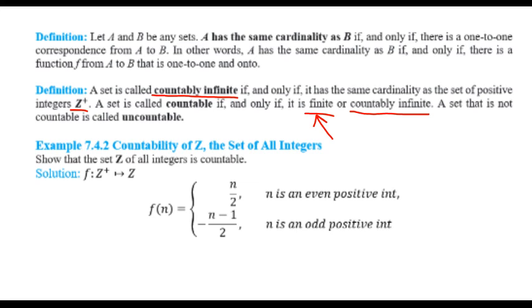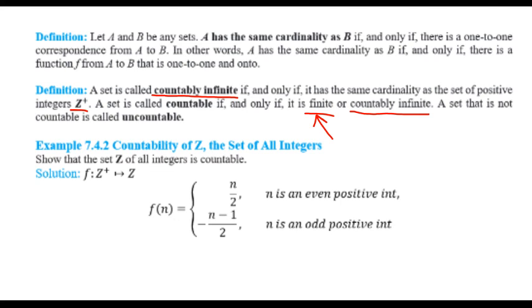So in order to prove that Z is countably infinite, we need to give an example of a function that is both one-to-one and onto and maps the set Z plus into the set Z, correct? In this case, we can simply say we have proved that Z is countable. So here is that function.